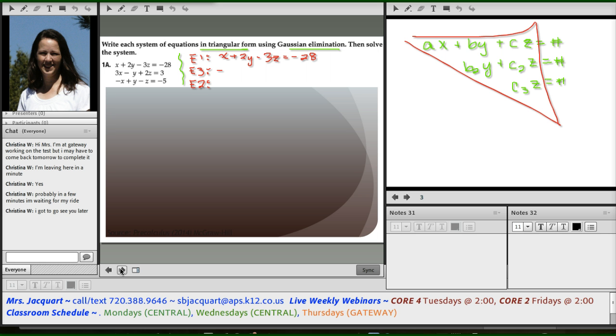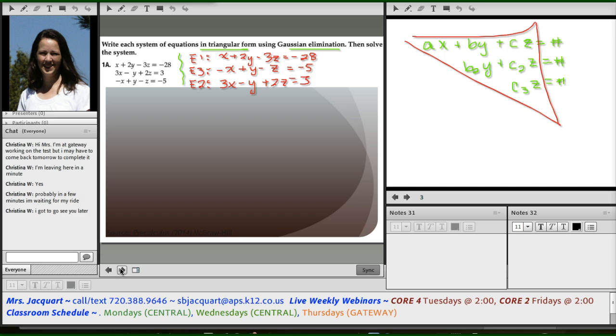And then equation 3 was negative x plus y minus z equals negative 5. And then I have 3x minus y plus 2z equals 3.